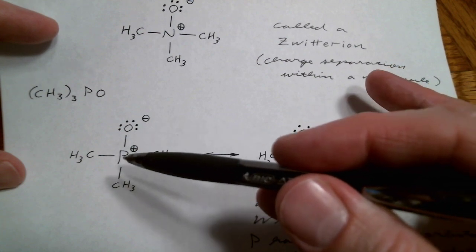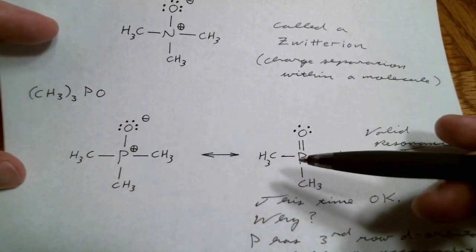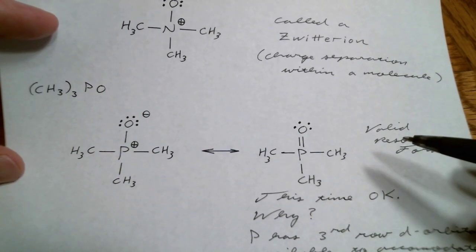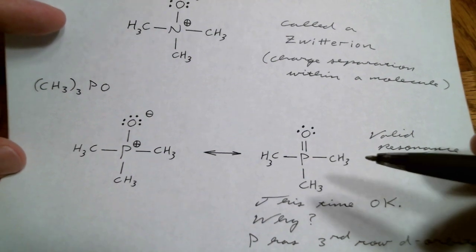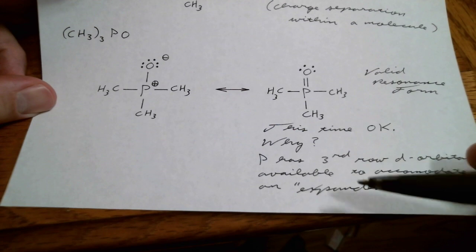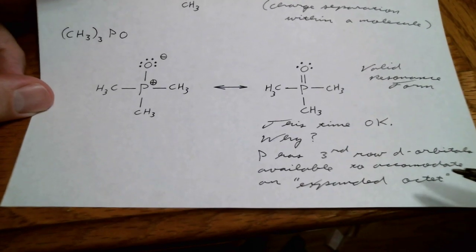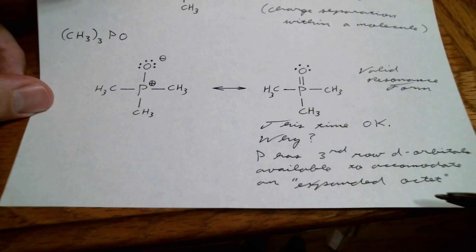You can drop a lone pair to form a double bond between the oxygen and the phosphorus. This is a valid resonance form for this triphenylphosphine oxide. This time it's okay. So why is that? Well, phosphorus has third row d orbitals that are available to accommodate an expanded octet, so more than 8 electrons.